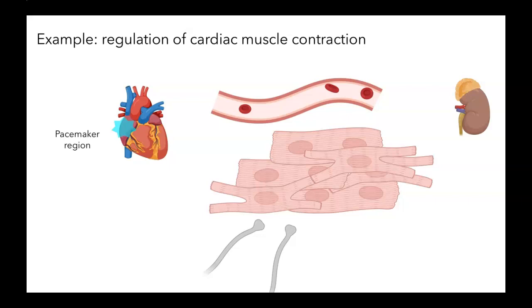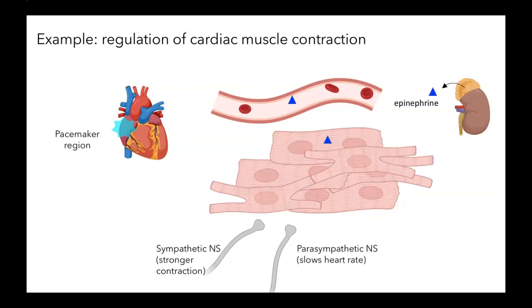But that doesn't mean there isn't a way for the body to regulate the heart rate. For example, the adrenal gland can release the compound epinephrine, also known as adrenaline, and that gets carried through the bloodstream. If epinephrine binds to cells in the heart, it can enhance cardiac activity. The heart is also innervated by both the sympathetic and the parasympathetic arms of the autonomic nervous system. These have opposing actions.